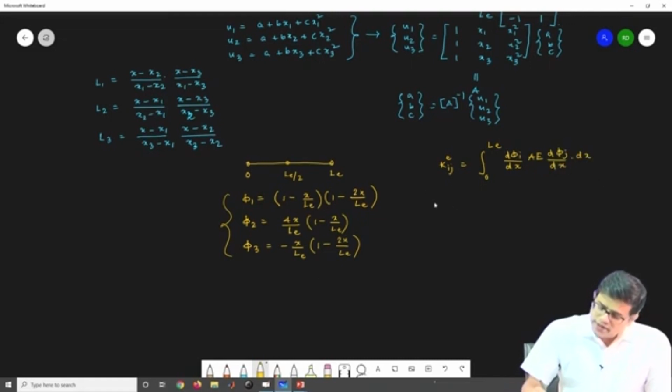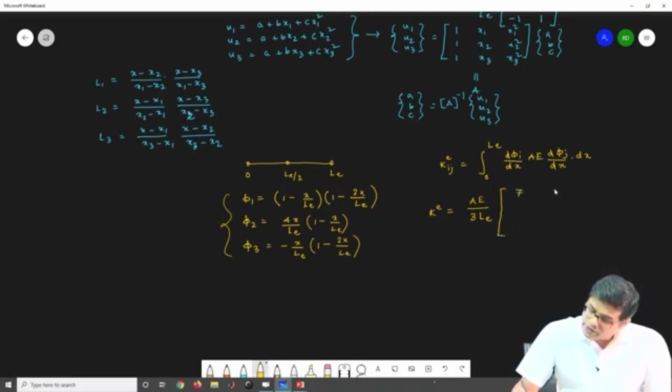If I do this, then I will get the elemental stiffness matrix, which is something like this. I will not do the calculations here. You can do the calculations and check whether the stiffness matrix is correct or not.